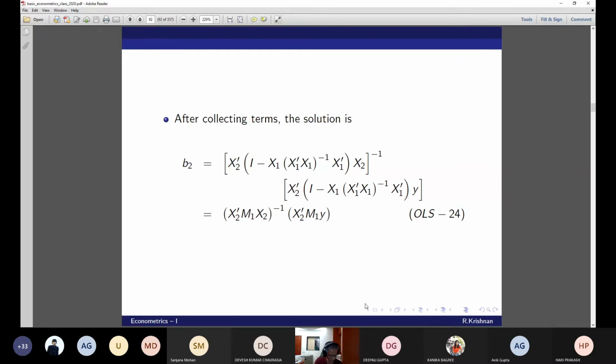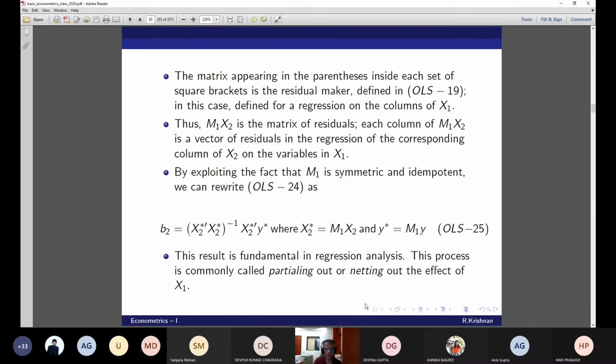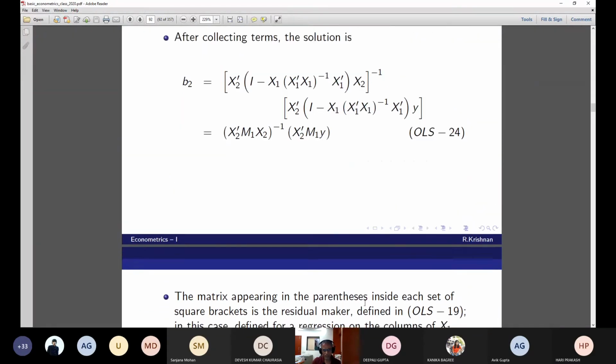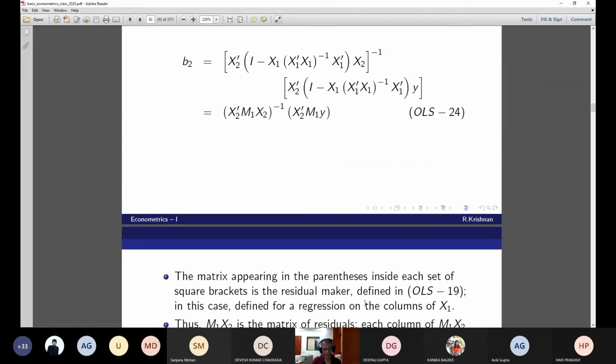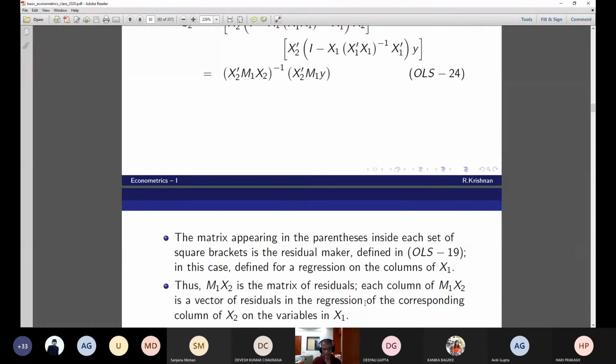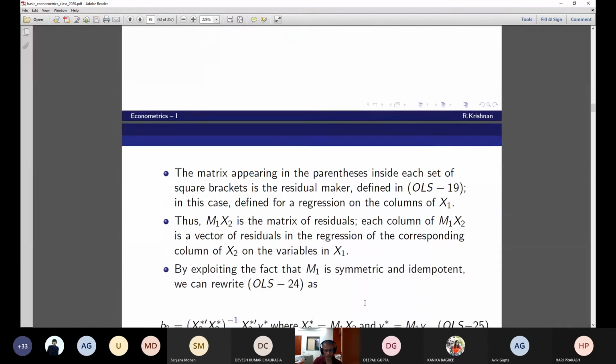The matrix appearing in the parenthesis inside each set of square brackets is the residual maker, defined in OLS 19. In this case, it is defined for the regression on the columns of X1. Thus, M1 X2 is the matrix of residuals. Each column of M1 X2 is a vector of residuals in the regression. You can go through all this stuff.